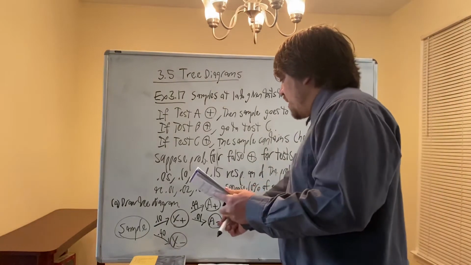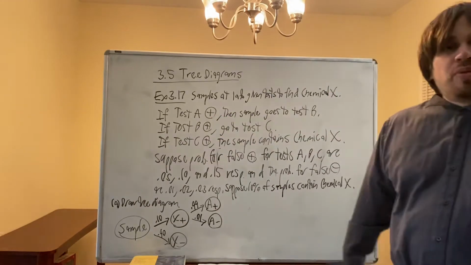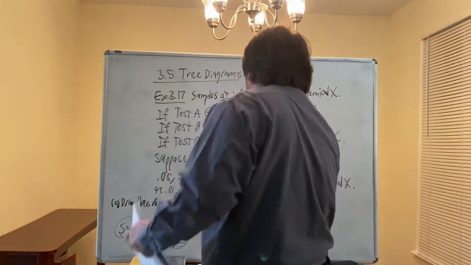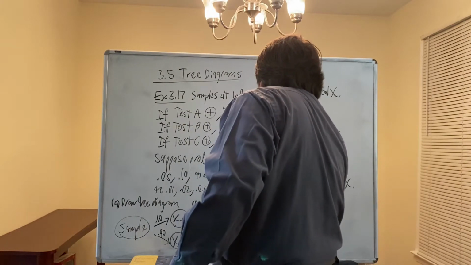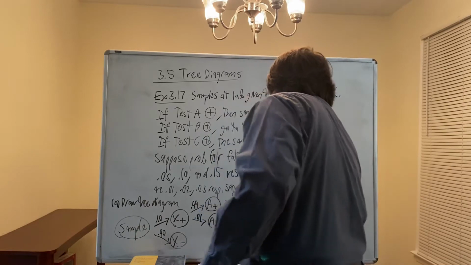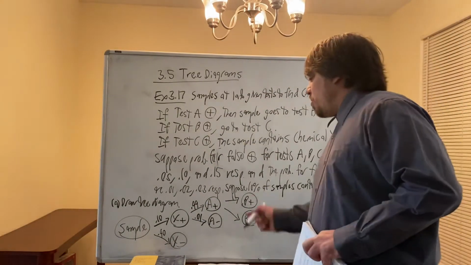Okay, now if it comes back negative, you stop. Once a test comes back negative, you don't perform another test on it. So when test A comes back positive, you then perform another test. You perform the next test, test B, on it. And so when you perform test B on it, what should happen is that it should come up positive, right?